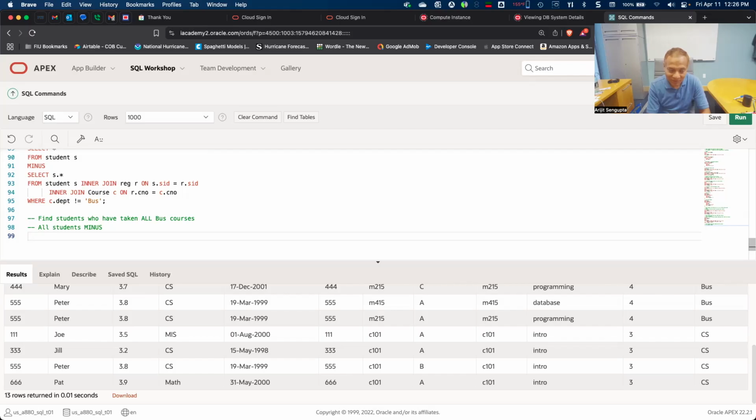Find students who have taken all business courses, which basically means find all the students, and I want to take out the students for whom, minus students such that their ID, so there is no course for which there is no registration for them, right?